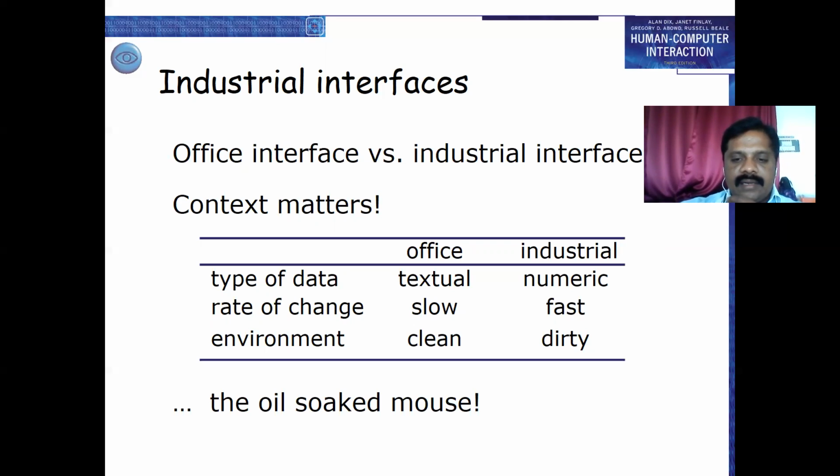But in industry, many people are working there, and it has many rooms and many things, so it will always be like a dirty place. So this is industrial interfaces.